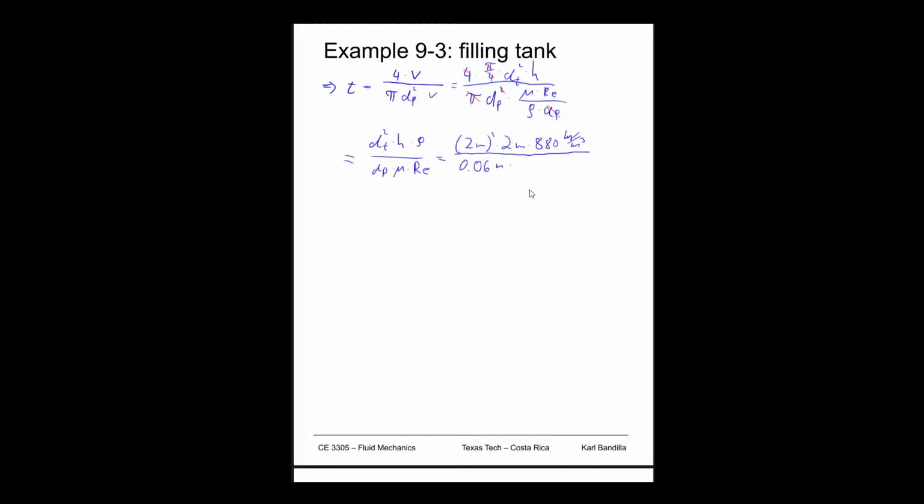The viscosity we can look up as well. That is 30.2 times 10 to the minus 3 Newton seconds per meter squared. And then we're left with the Reynolds number. We said the maximum allowable would be 2,300.